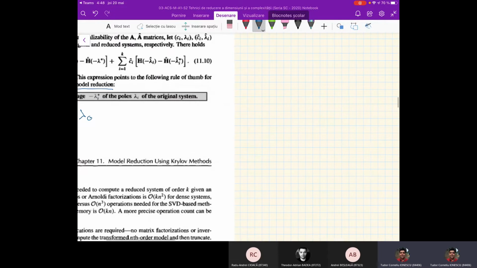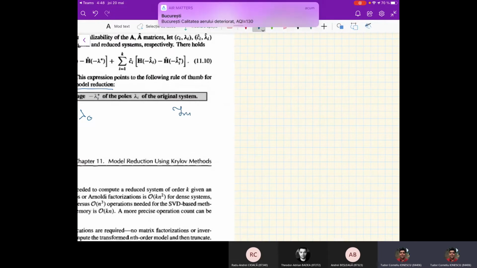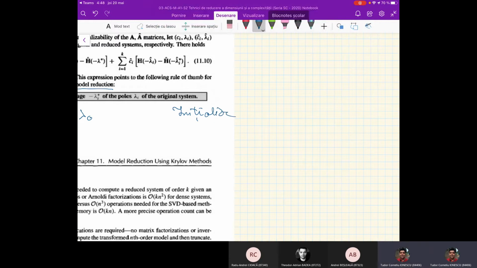Okay, so what you do, you initialize S0 anywhere, okay, then you get your reduced order model sigma g depending on S0.